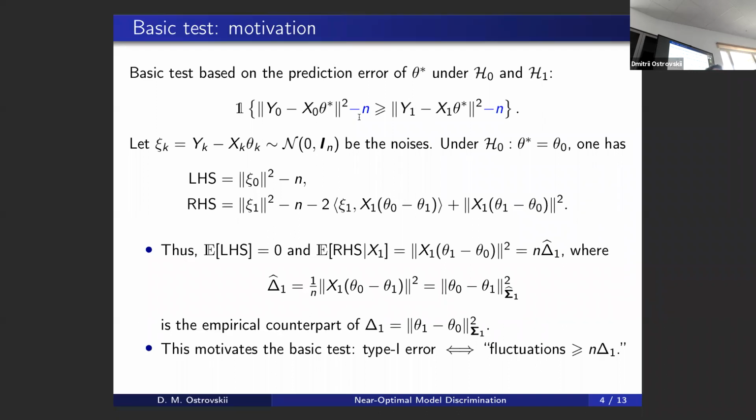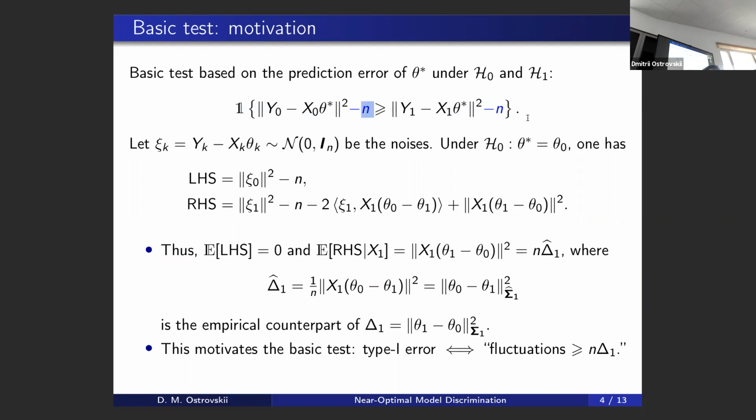If on the 0 sample the error is bigger, I'm going to have 1 in this indicator, so this procedure tells me to accept H_1. Now, I put here minus n formally. It's going to be clear in a second why I put it here.